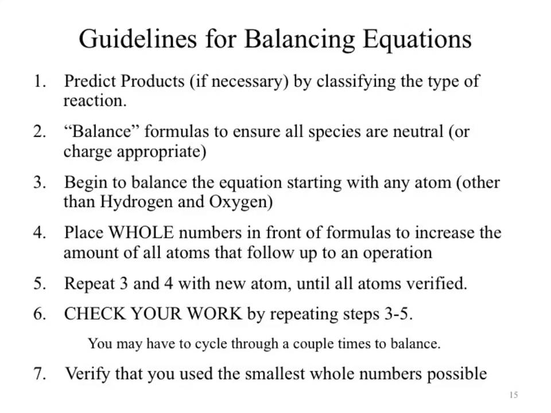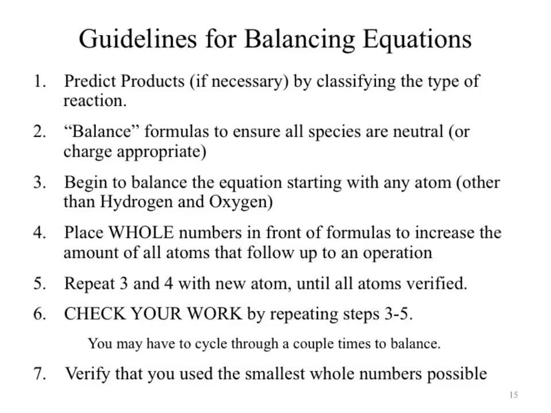What if it still doesn't balance? Well, in the process of repeating step 3, you have to change numbers. As soon as you change numbers, you'll go through steps 3 through 5 again. You go, oh, well, I balanced it a second time, so it must be correct. No. Do step 6 again. Check your work. Start over again.